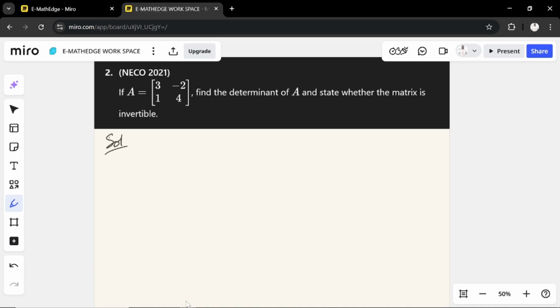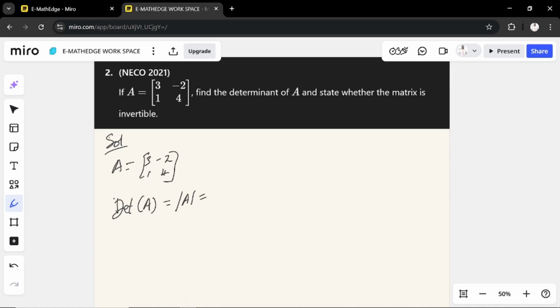Solution. Matrix A is equal to 3, -2, 1 and 4, right? Now, to obtain the determinant, we can write it as determinant A or the absolute bracket of A, which is still the same thing. In order to obtain the determinant of a 2 by 2 matrix, what we do is simple.